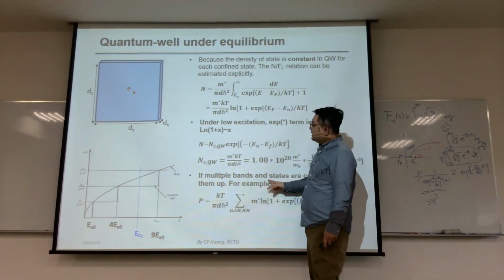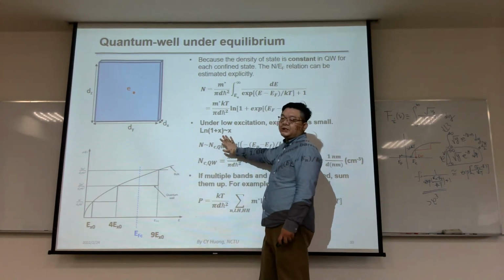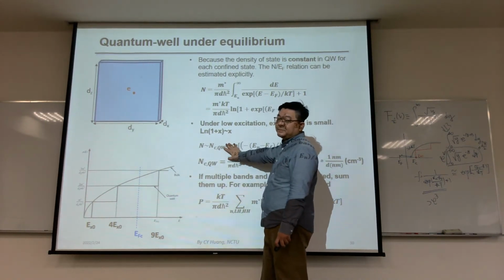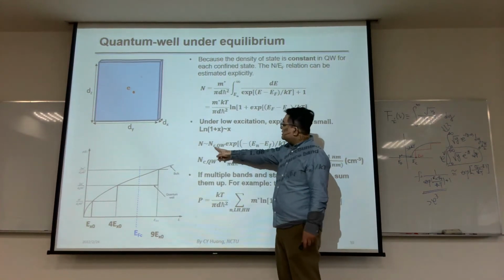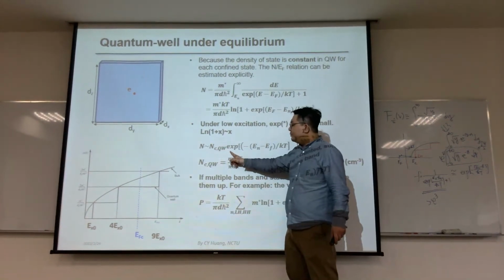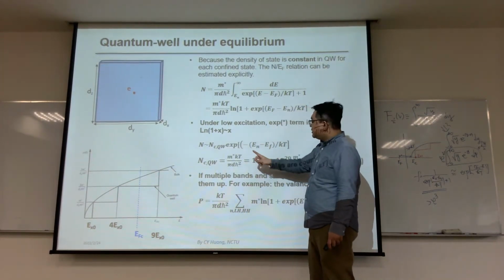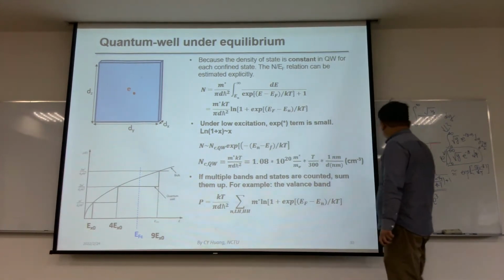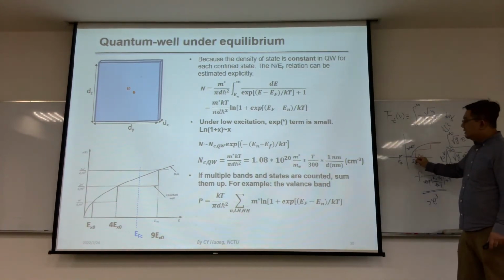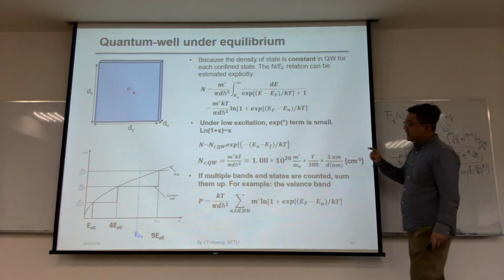So N in the quantum well case could still be written in the Boltzmann limit under equilibrium. It will be Nc for the quantum well, but this will be a different number from the previous case, times the exponential decay of how far EF is from the ground state.